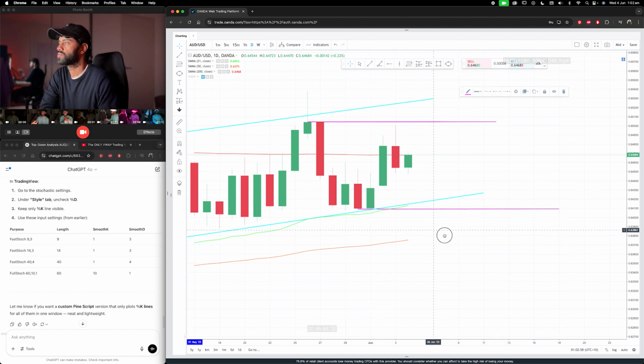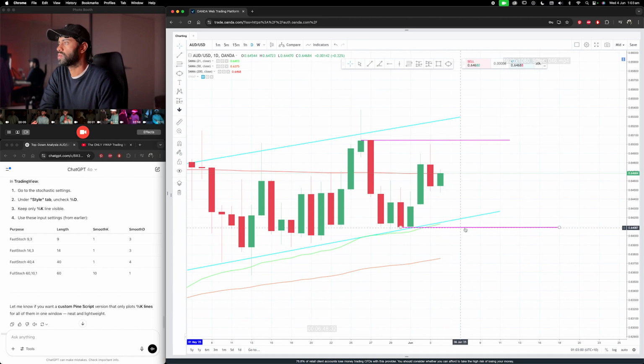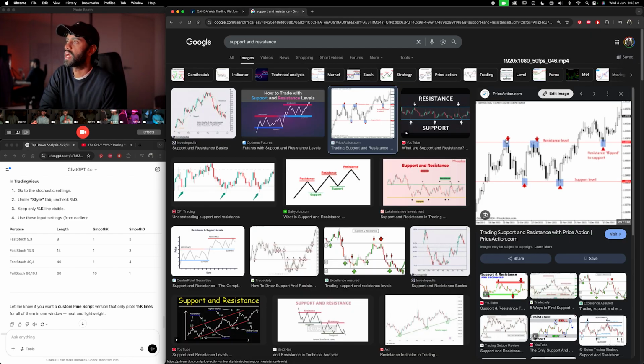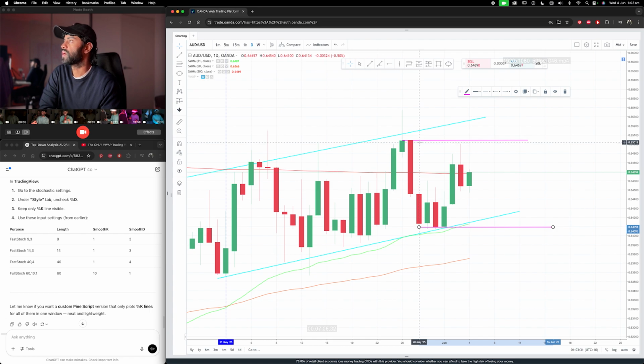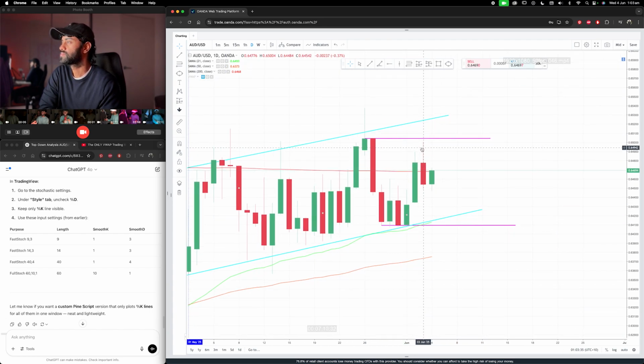What is support and resistance? So I would say this is support and this is resistance. In this picture you can see how there are multiple touch points on the top, and that's the resistance level, and at the bottom you have multiple touch points, that's the support. So using that, we've identified our support and resistance.